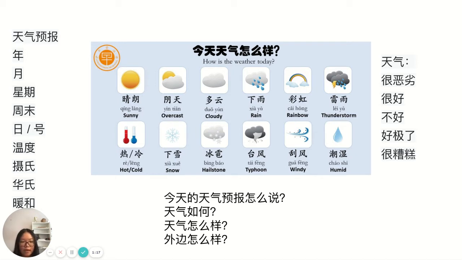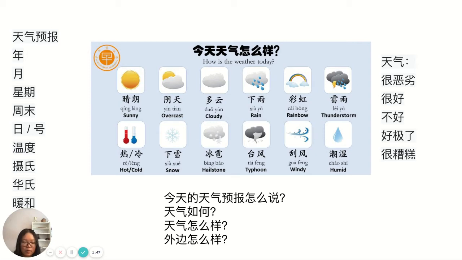Since we're on this topic, 今天 is today, so tomorrow is 明天, and then yesterday is 昨天. And then, okay, so year, this year is 今年, and then next year is 明年, and then last year is 去年.